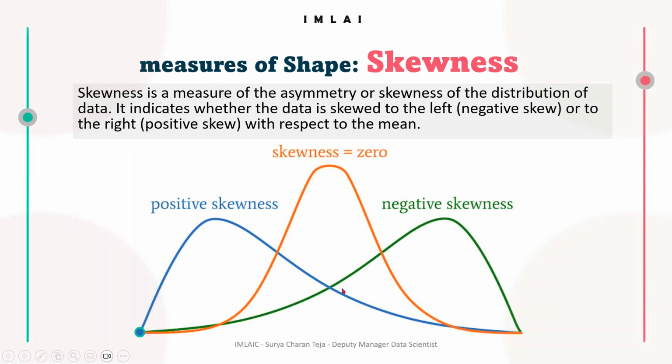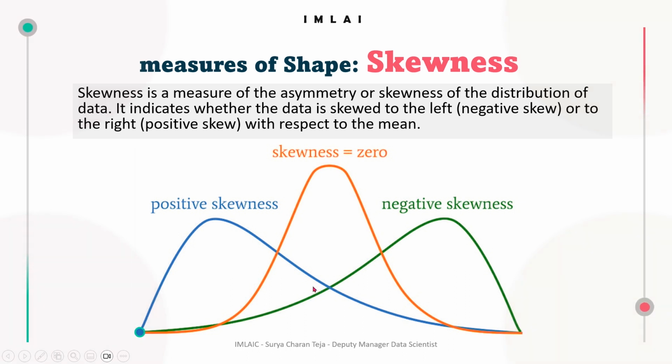Most importantly, if the skewness value is greater than 0, it's called a positive skewness. You see the shape? You have more data on the negative side, whereas very little is on the right, positive side.